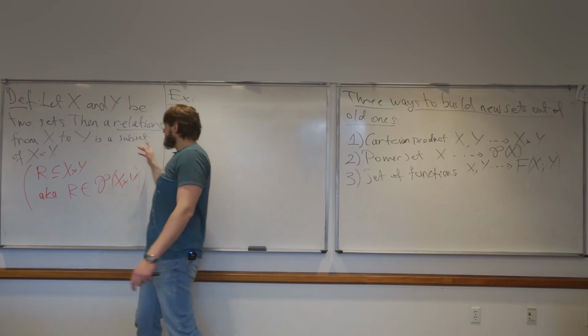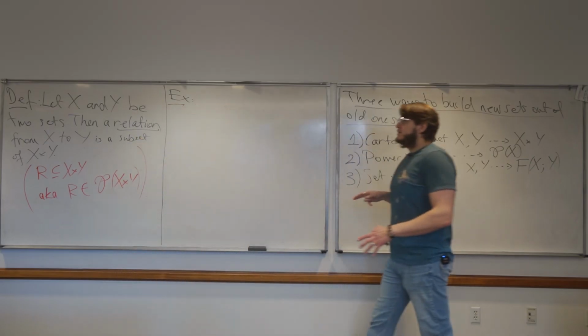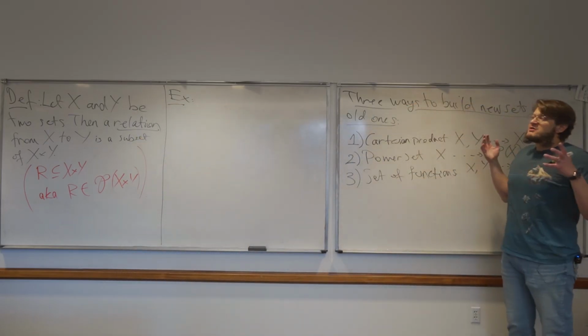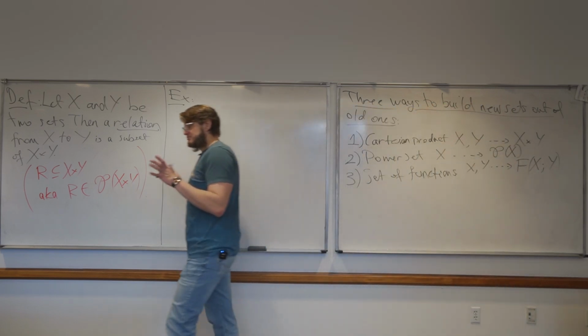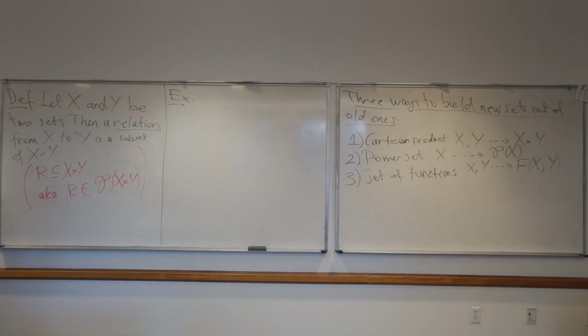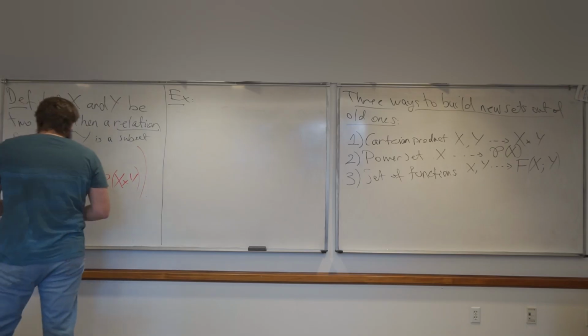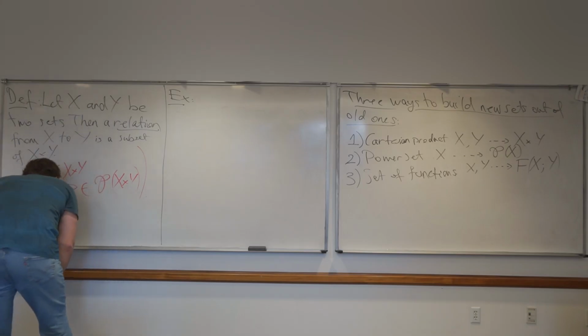Meaning, a relation is kind of like a partially defined, multi-valued function, okay? So maybe it fails the vertical line test is what I'm thinking, but a relation pretty much is like a function for me.